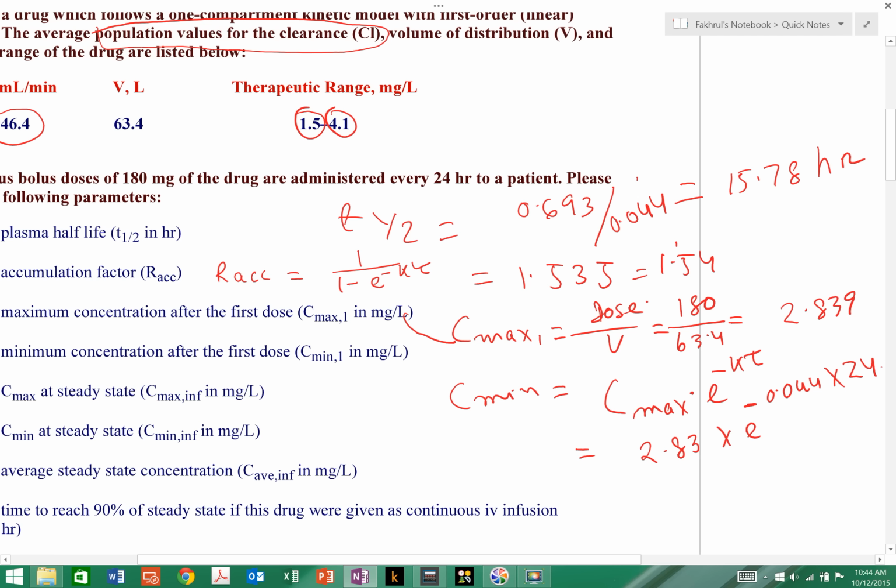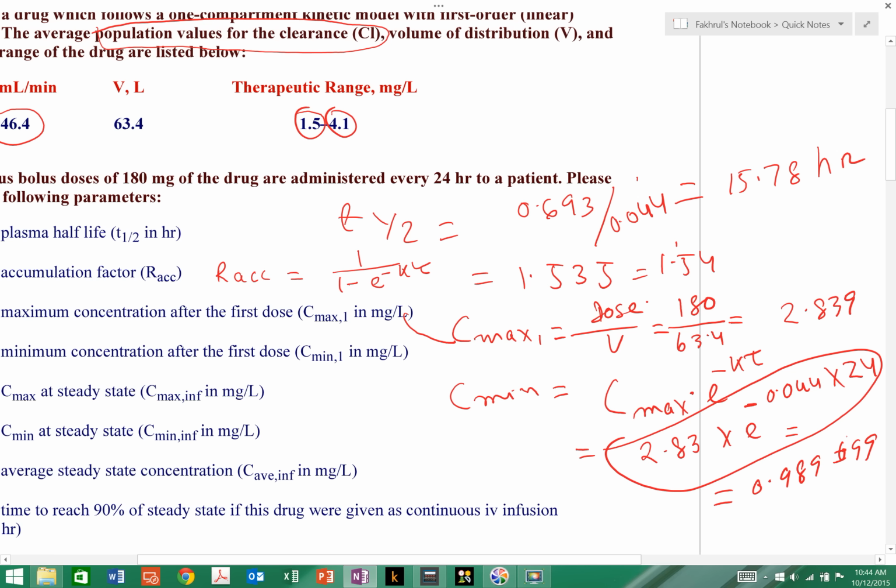So this should give you a value of 0.99. If you multiply 2.83 times e to the negative 0.044 times 24, it will give you a value of 0.989. You can make it 0.99.